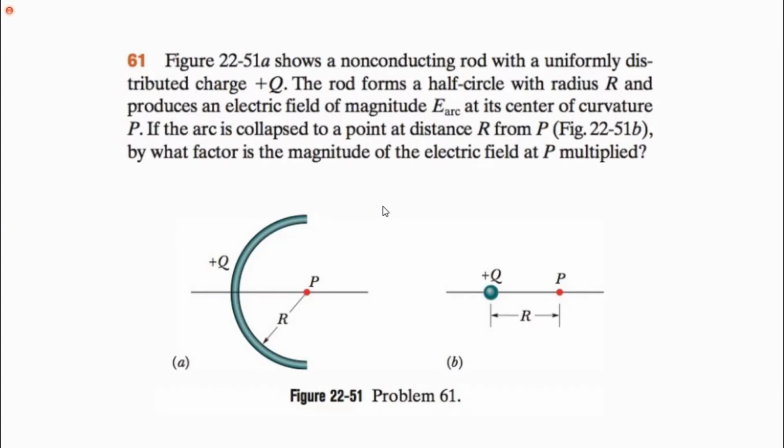So we have talked about this problem, and I'm not very sure where I stopped last time, but I can quickly review. We are going to divide this into different angles. We define a theta, and we can calculate the electrical field generated by d theta by treating it as a point.